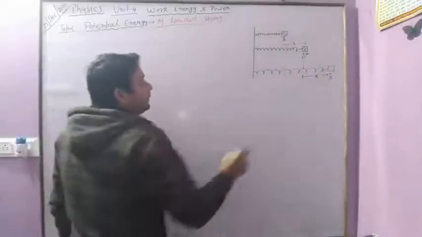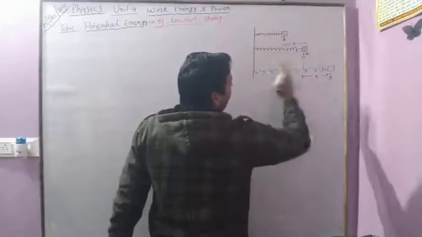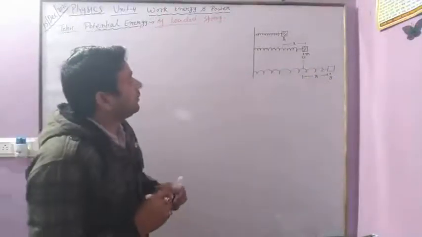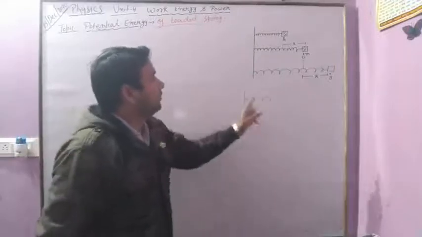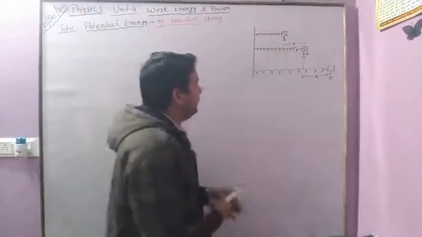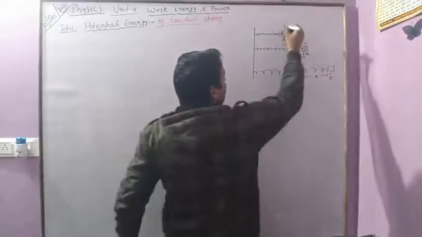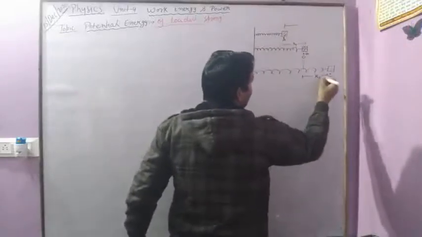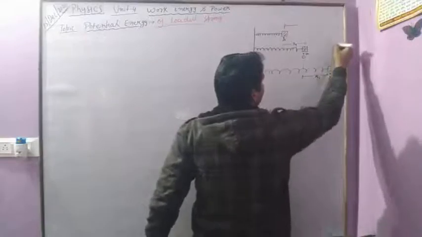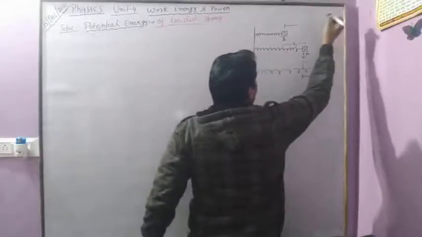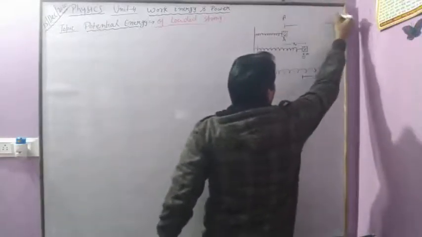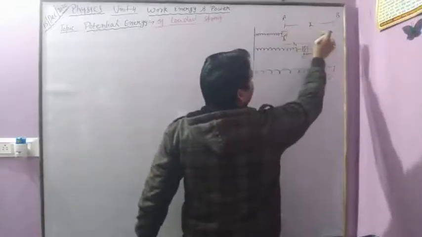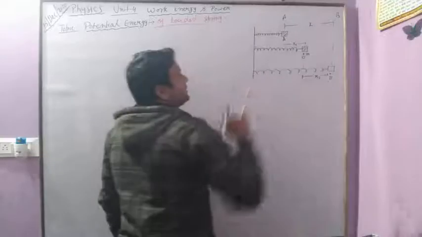Okay, this is how the spring is displaced from A to B. This is, let's say, x1 and this is x2. From A to B the spring is displaced by a distance x.